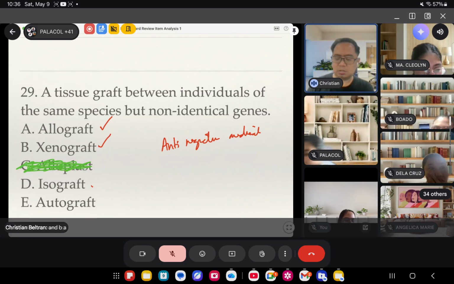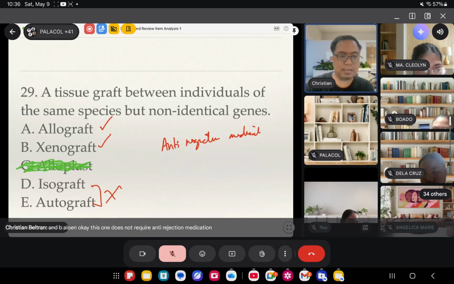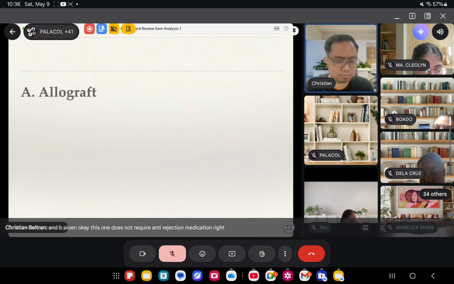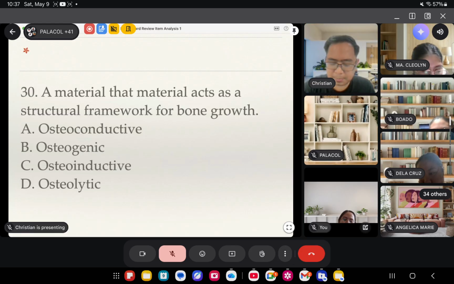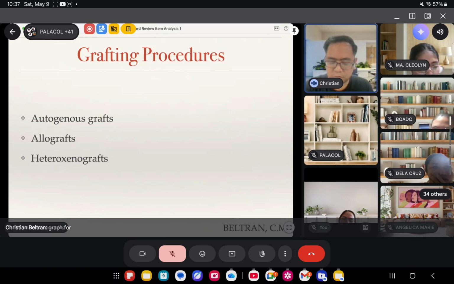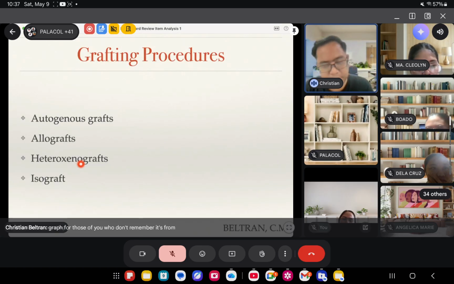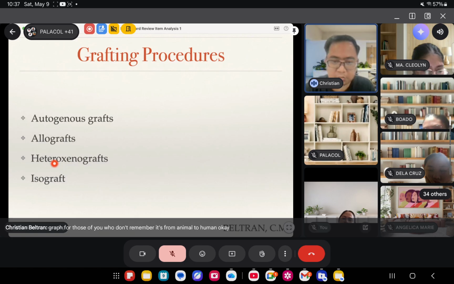Okay, this one does not require anti-rejection medication. Xenograft, for those of you who don't remember, it's from animal to human. Okay, animal yung donor mo to be transferred to human.